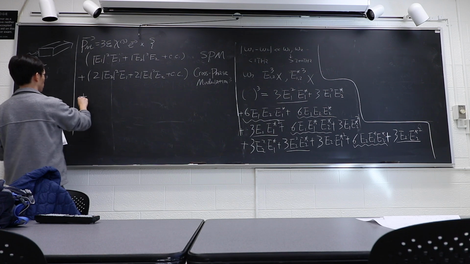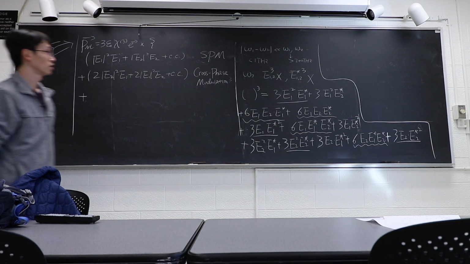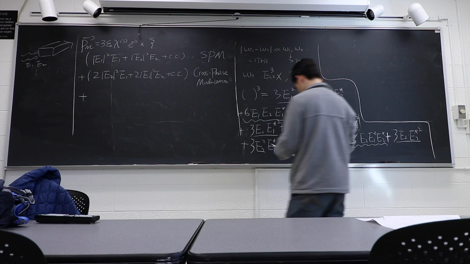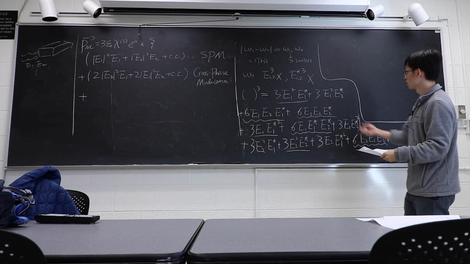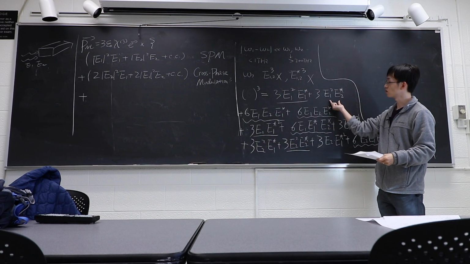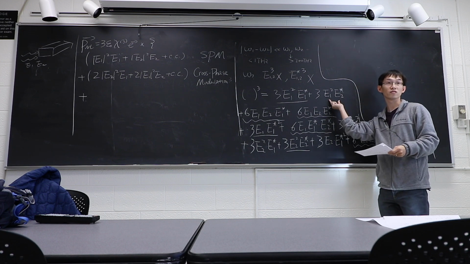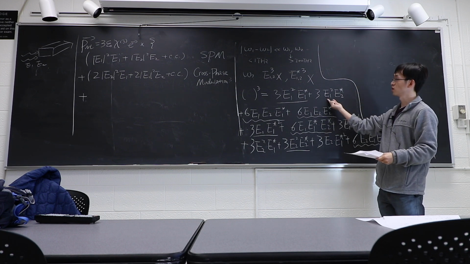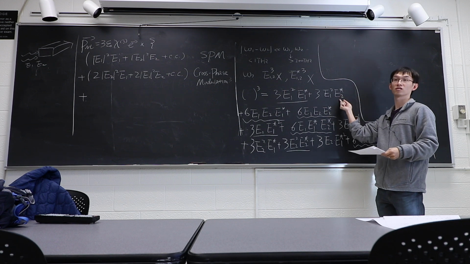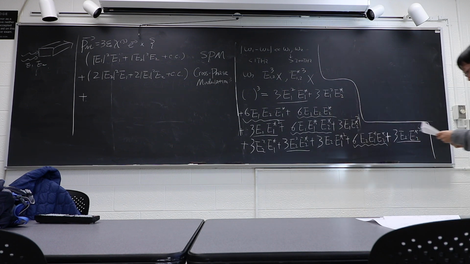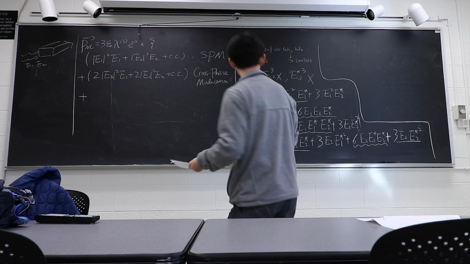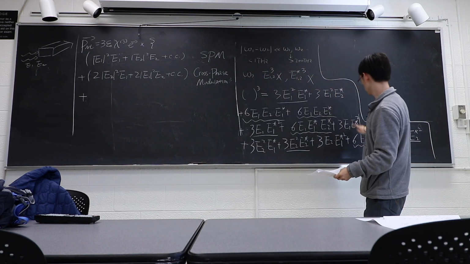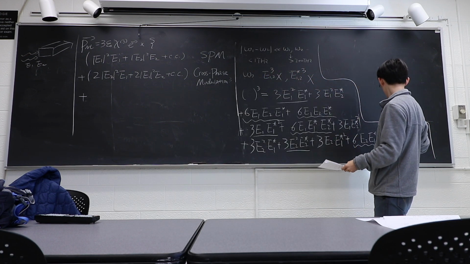And let's go on to the third one. This type of terms starts to create new frequencies, right? You see it's 2 omega 1 minus omega 2. So there's 1, 2, 3.